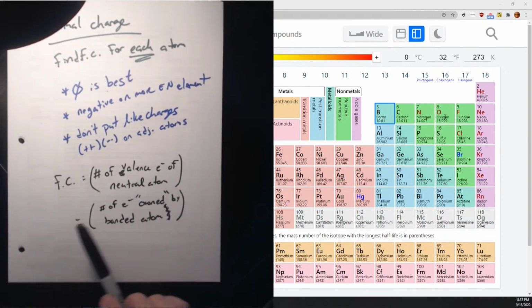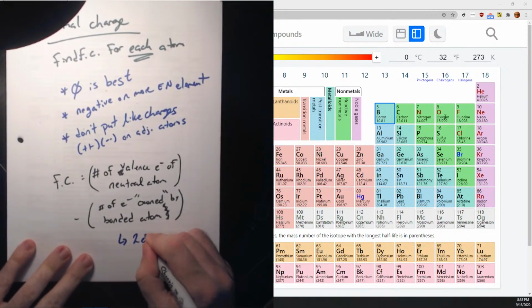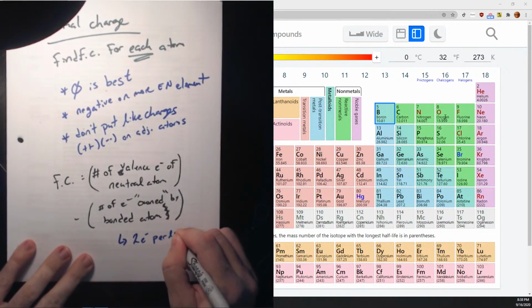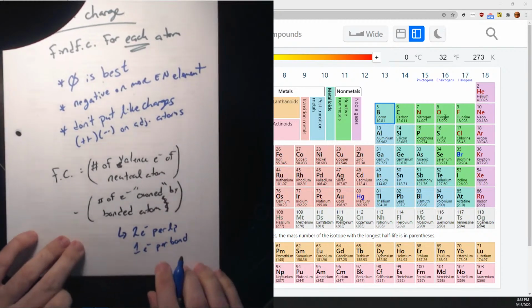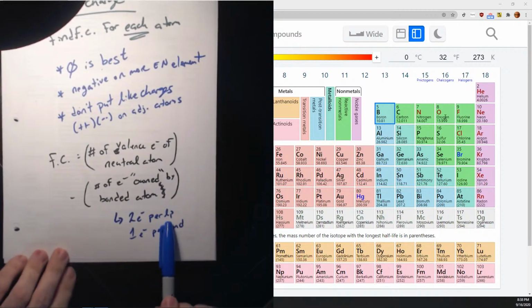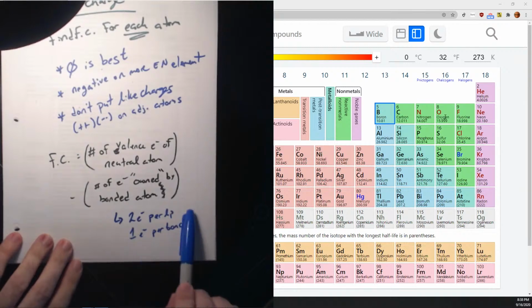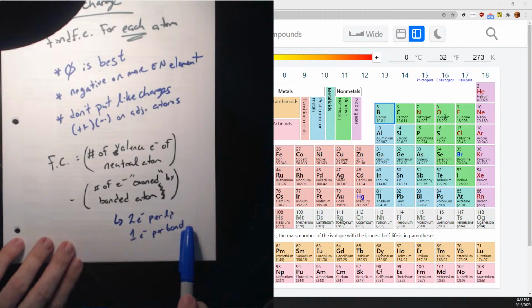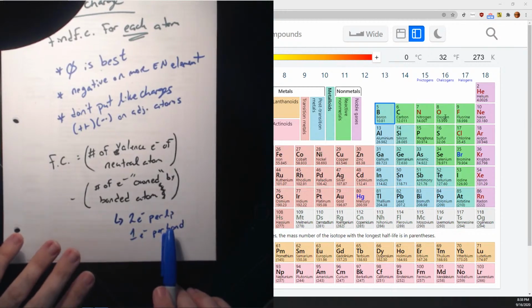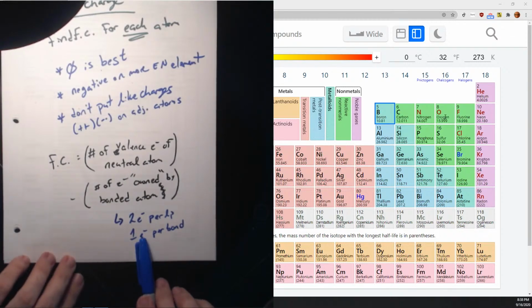Number of electrons owned by the atom: if you have a lone pair on the atom, it's not sharing those electrons, so it owns both of the electrons in a lone pair or non-bonding pair. If you're looking at a bond, though, there are 2 electrons in the bond, but it has to share those electrons with the atom on the other end of the bond. So you only get 1 electron per bond.